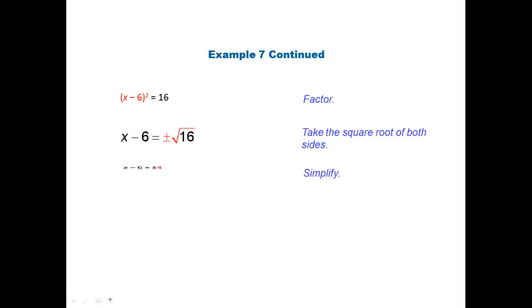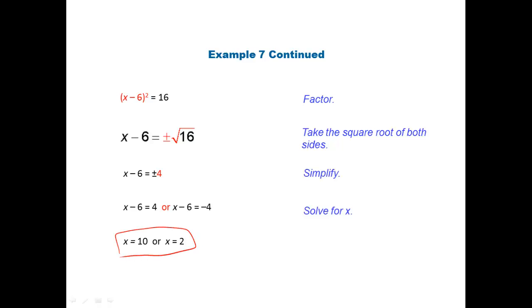Square root of 16 is 4, so we're going to add 6 to both sides. Keeping in mind that we have +4 and -4. So +4 gives us 10 when we add 6. -4 gives us 2 when we add 6. And here are the two answers for our quadratic equation.